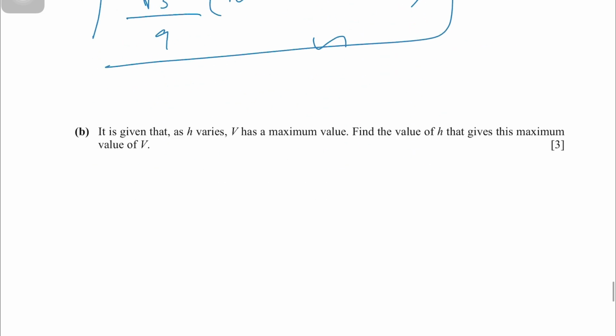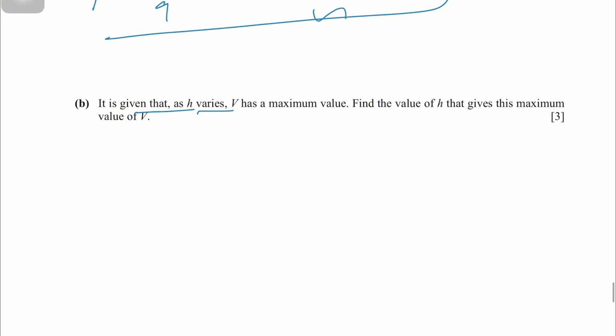Now it is given that as h varies, V has a maximum volume. Find the value of h that gives the maximum value of V. For maximum value of V, we need to calculate the differentiation and then equate it to 0. We have our V as root 3 over 9 times h cubed minus 24h squared plus 144h.